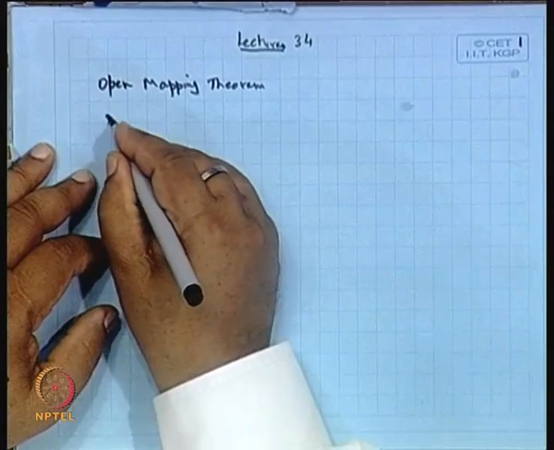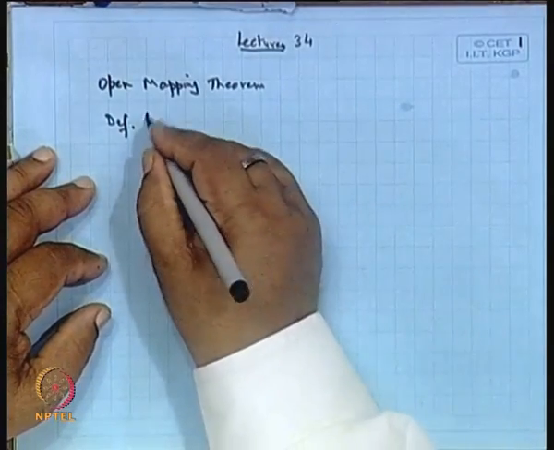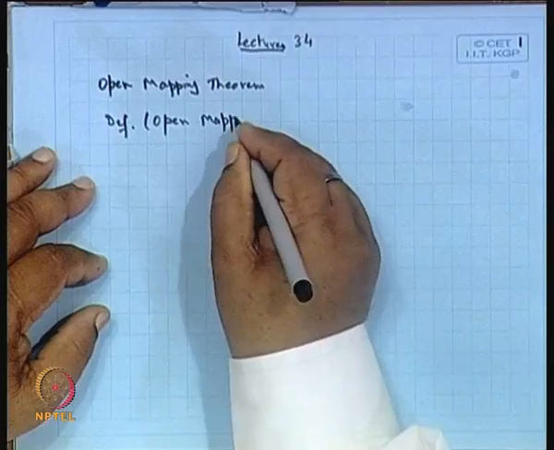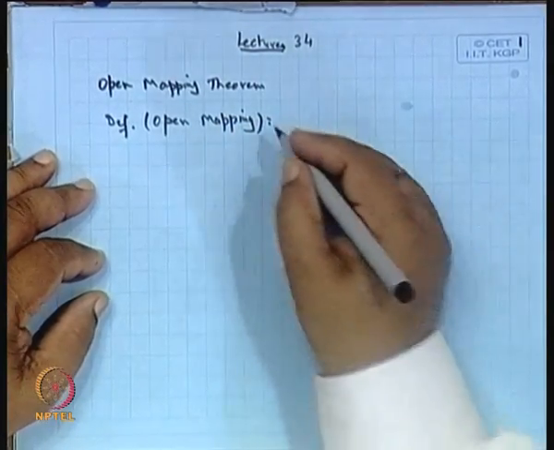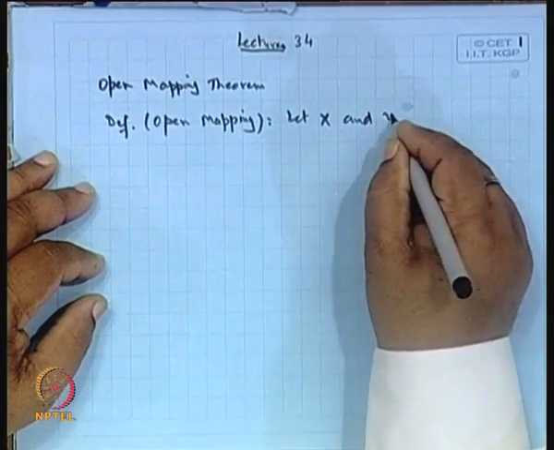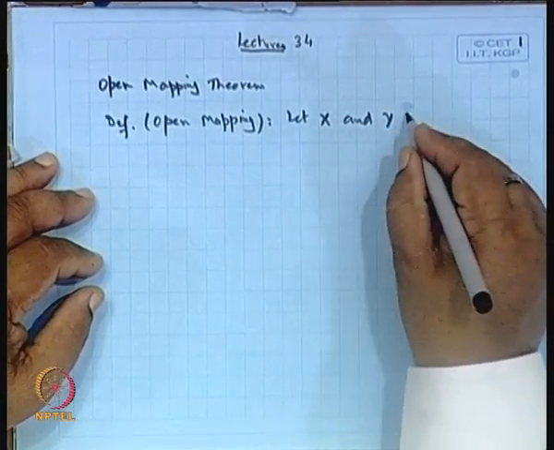Definition, open mapping. Let X and Y be metric spaces.